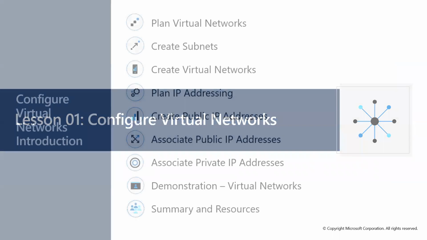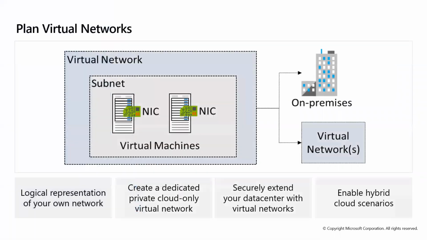So what we discussed is that a virtual network is a logical representation of your network on Azure. You are going to segment your private network on Azure cloud into smaller parts, what we call virtual networks. Virtual networks will help you isolate one part of your network from the other, right?